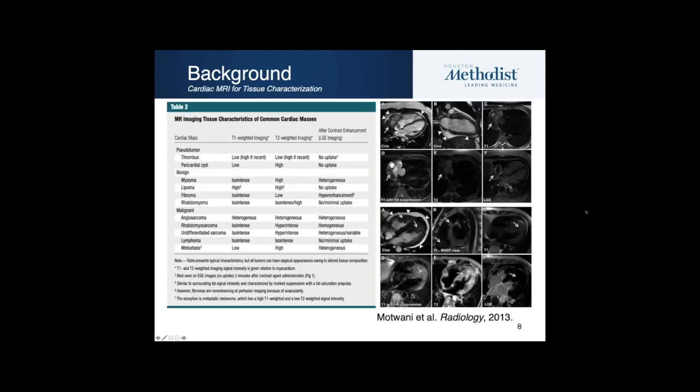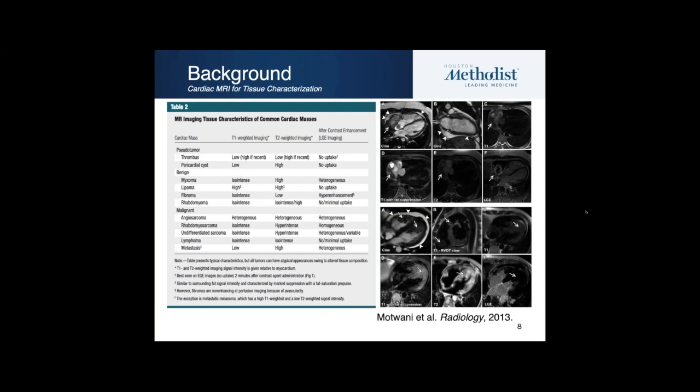Here is a great table from the article by Motwani that Dr. Malazewski cites in the Nature paper. You can see how different sequences of cardiac MRI can help determine tissue differentiation and tumor differentiation in benign and malignant masses. That's due to the tumor characteristics histopathologically, such as increased vascularity. You would see heterogeneous or increased uptake on the T1 sequence.